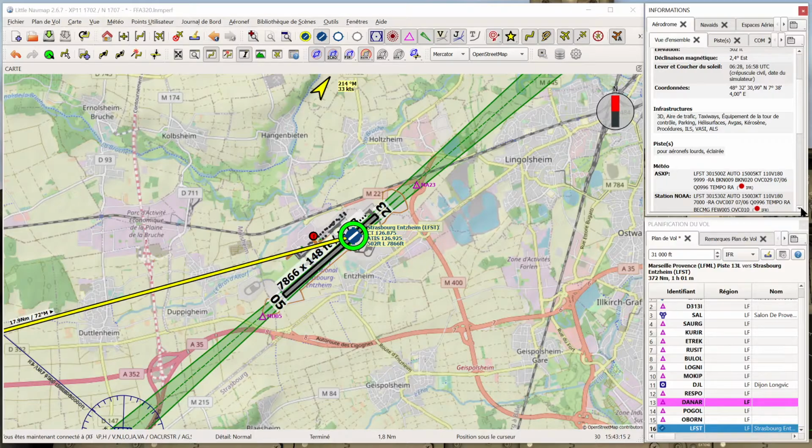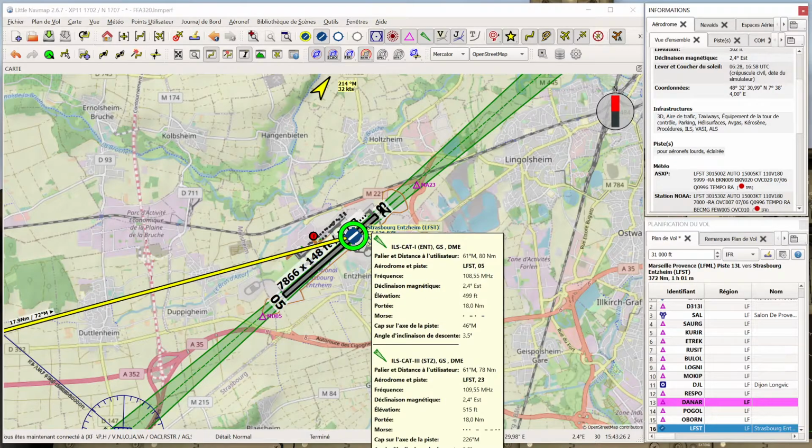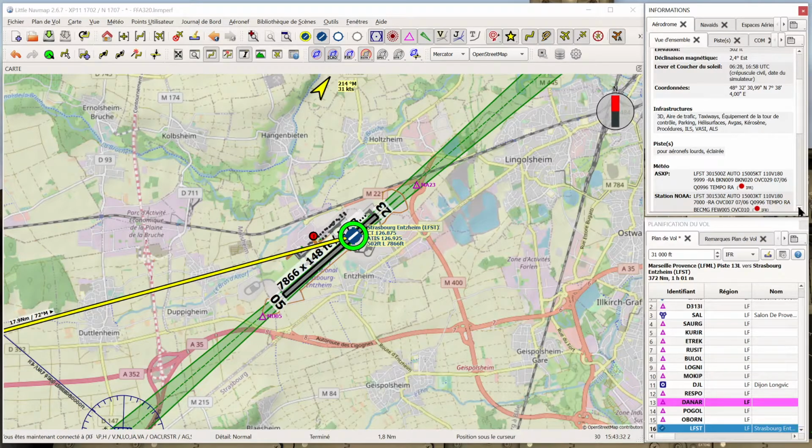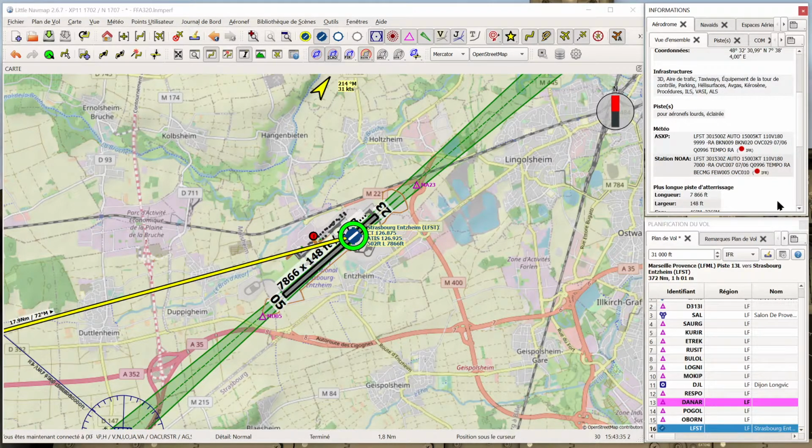QNH 0996. 15. So probably favoring runway 23. Doesn't indicate that. Let's choose the runway 23.